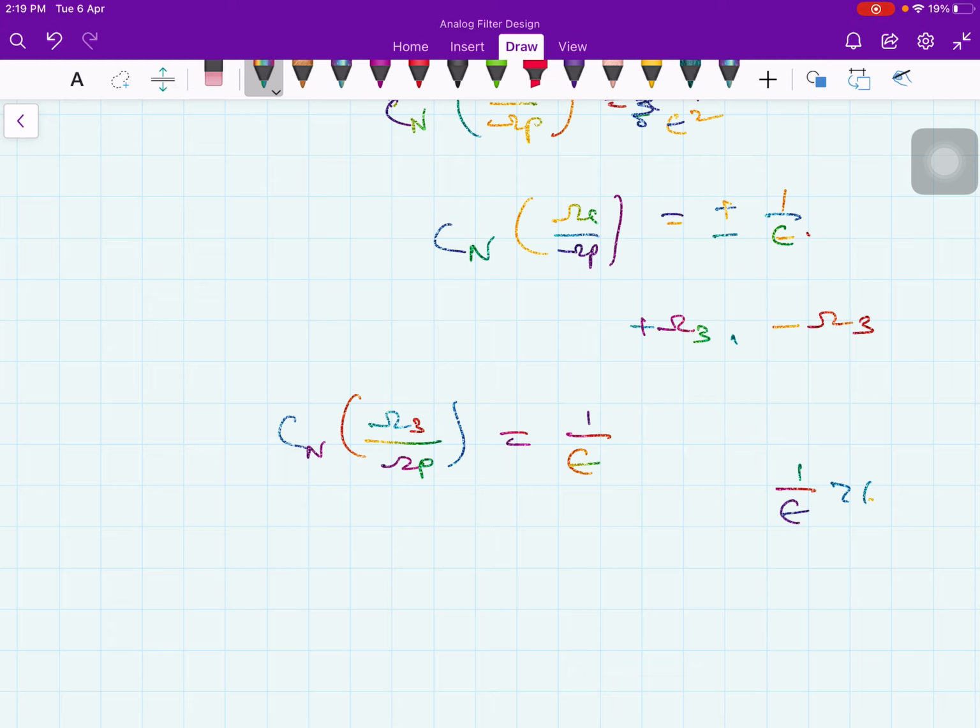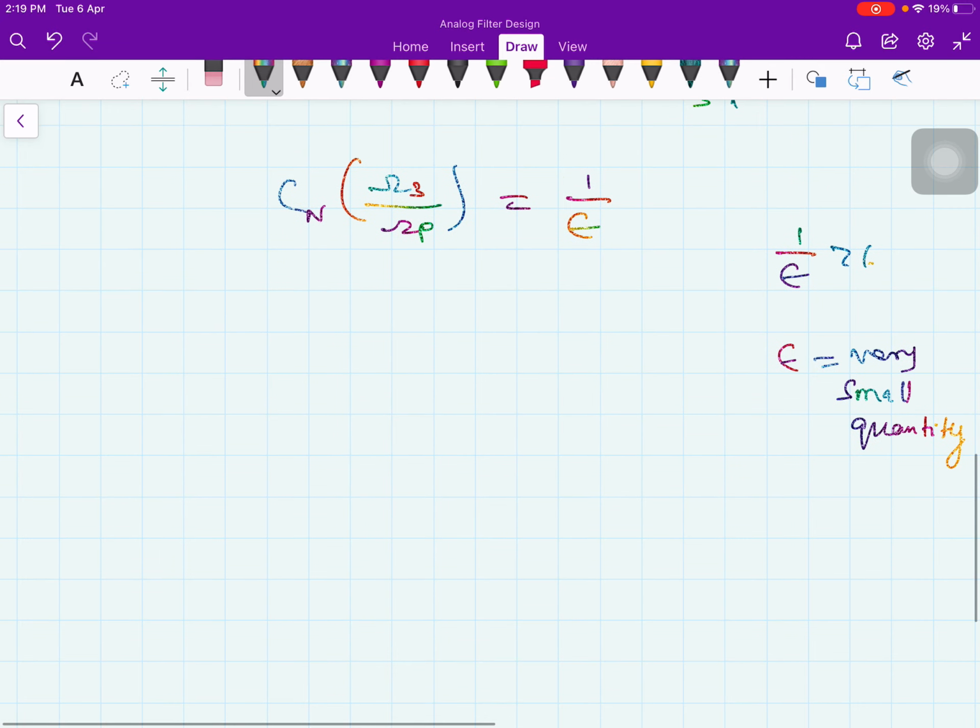Isn't that right? So epsilon normally is a very small quantity. Therefore 1 over epsilon must be greater than 1, and therefore for Cn I should use which function, cos function or cosh function?